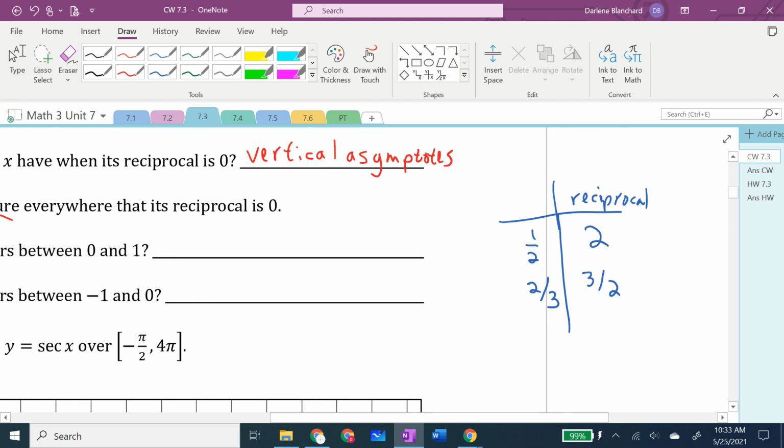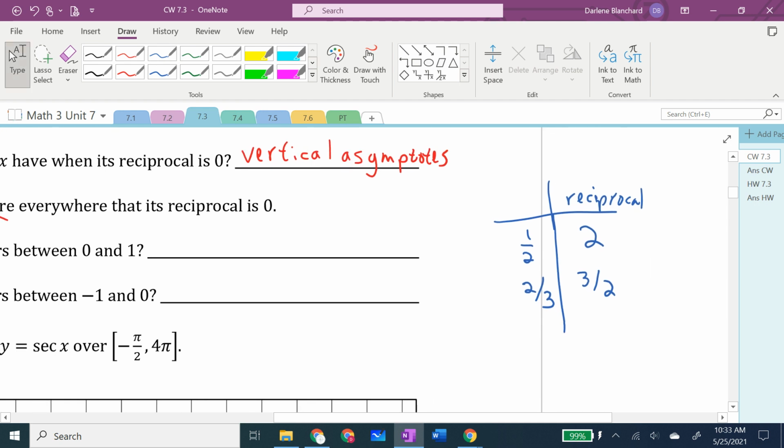So we can keep thinking of more numbers between 0 and 1 and looking at the reciprocal. Now I'm keeping these fractional so you can see a little bit better. What if I have 1/8? What is the reciprocal of 1/8? 8.